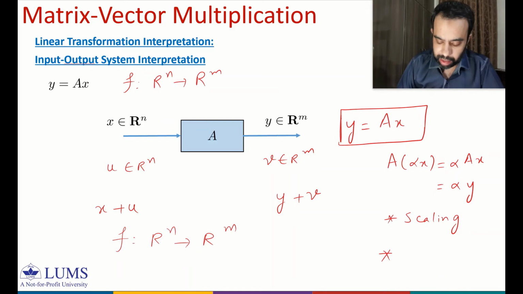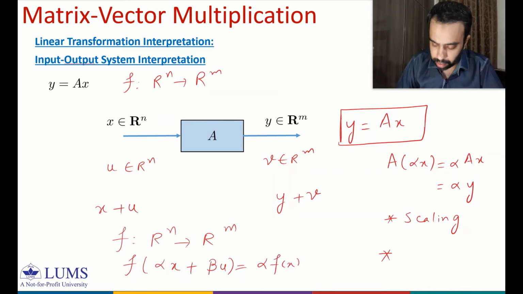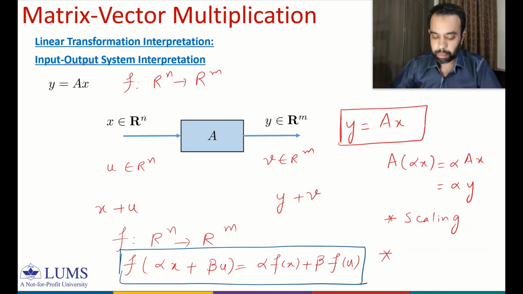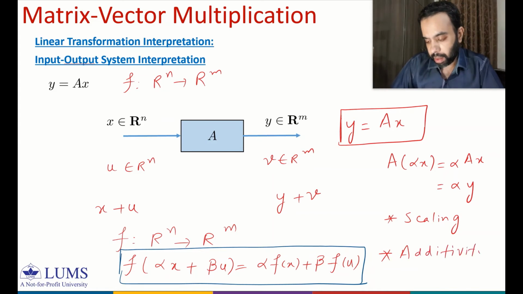So we say this function is linear if f of alpha x plus beta u is equal to alpha times f of x plus beta times f of u. So this single equation captures both additivity and scaling, right? So linearity is defined by two properties, scaling and additivity, which we also refer to as superposition.